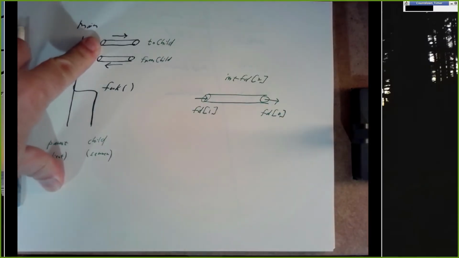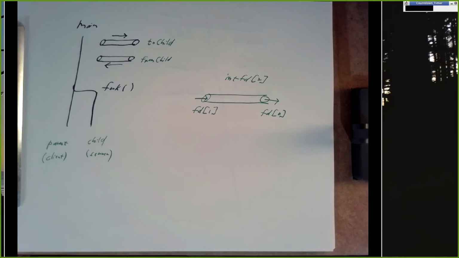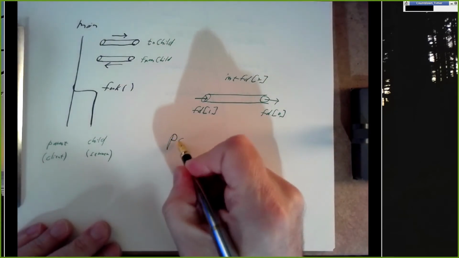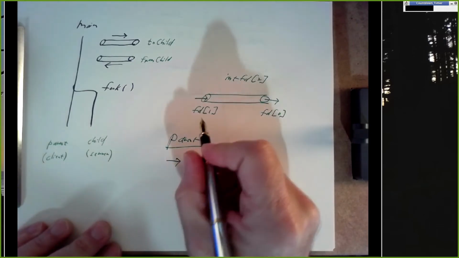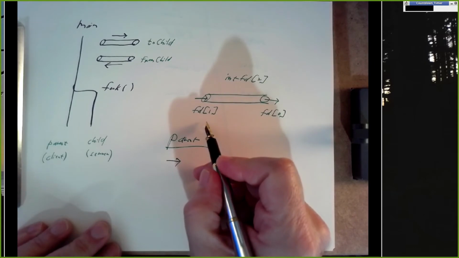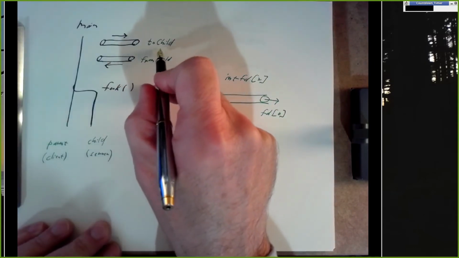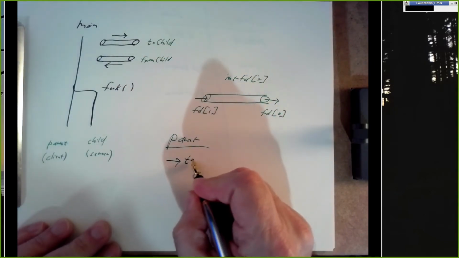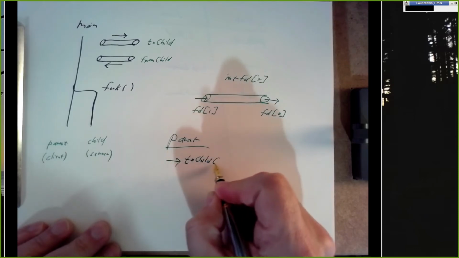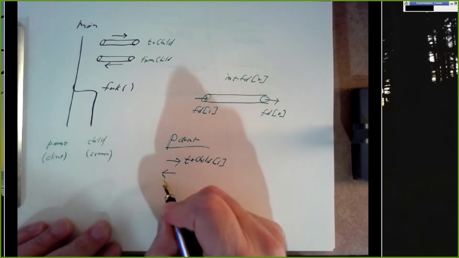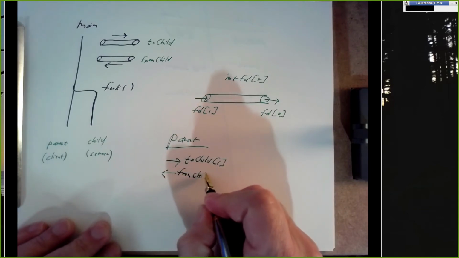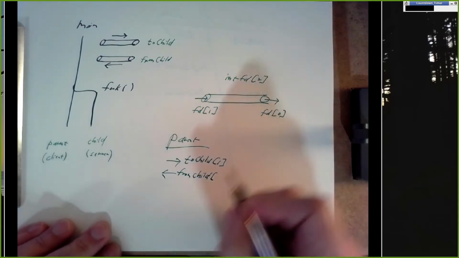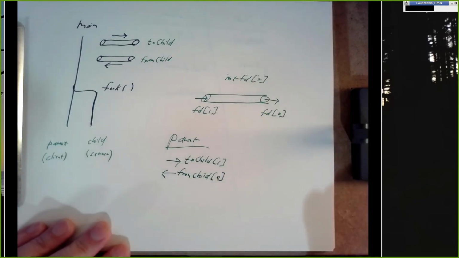So let me make some notation here. So parent should write into, well, we always write into element 1 of our pipe, but we're writing into the toChild pipe. So we should write to toChild bracket 1, and we should read from fromChild, and we always read from element 0.